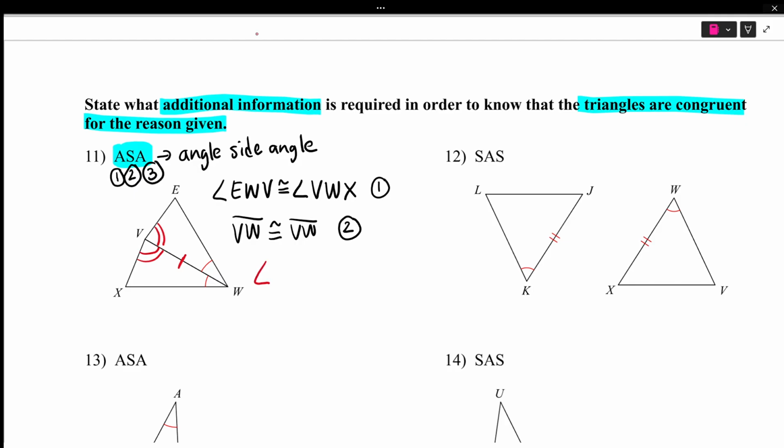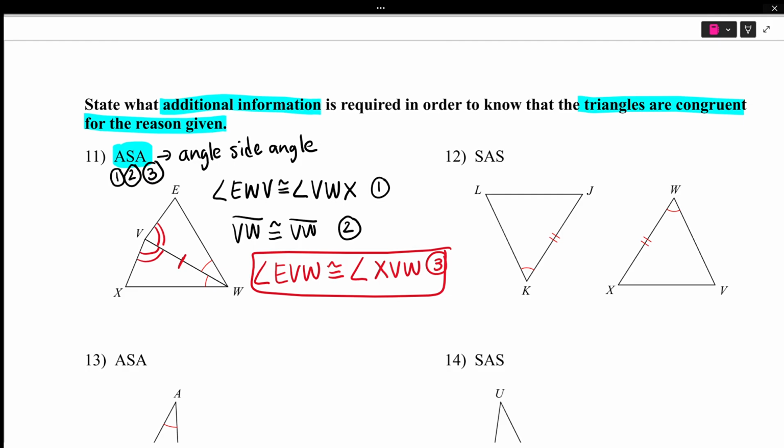We're going to say angle EVW is congruent to XVW. That's the third one, and that's our answer here. That's the additional information we needed to know that the two triangles are congruent.